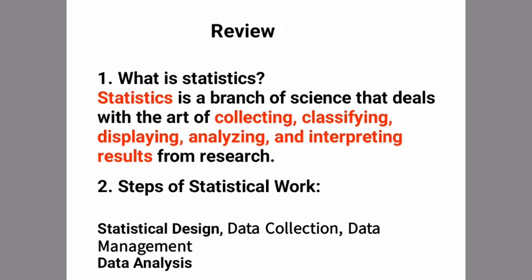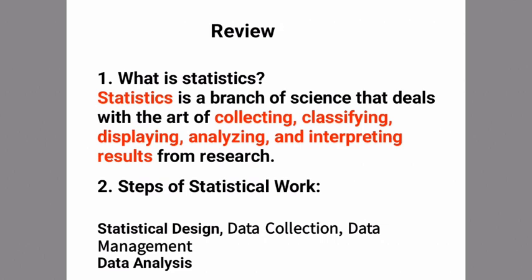There are 4 steps of statistical work, including statistical design, data collection, data management, and data analysis. And statistical design is the key step of statistical work that guides the other 3 steps.